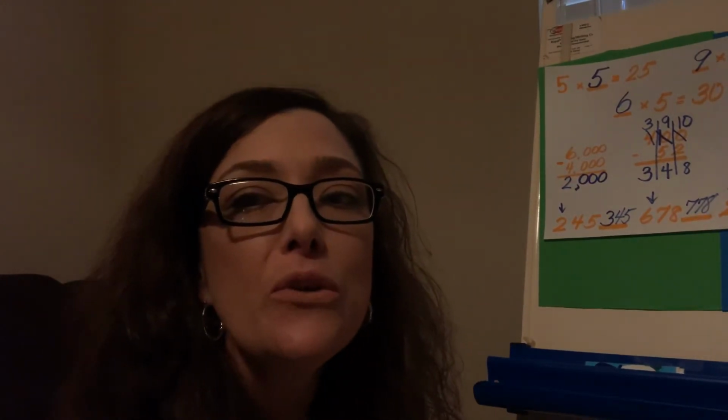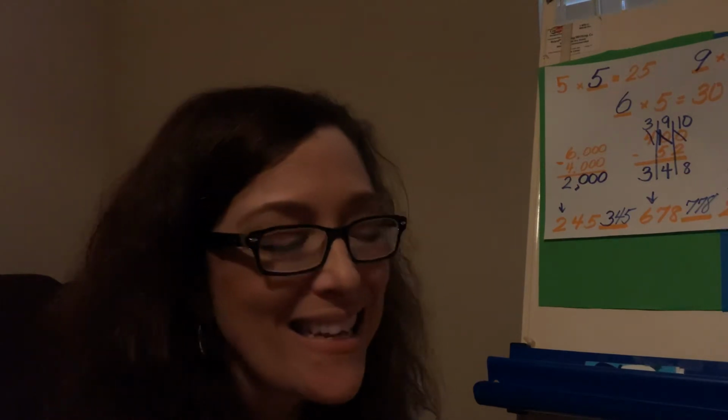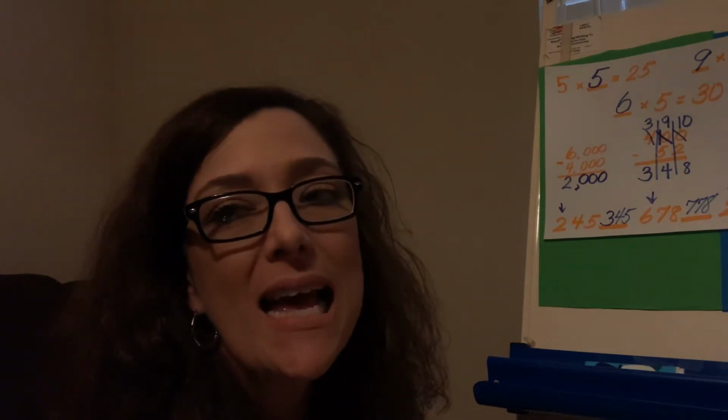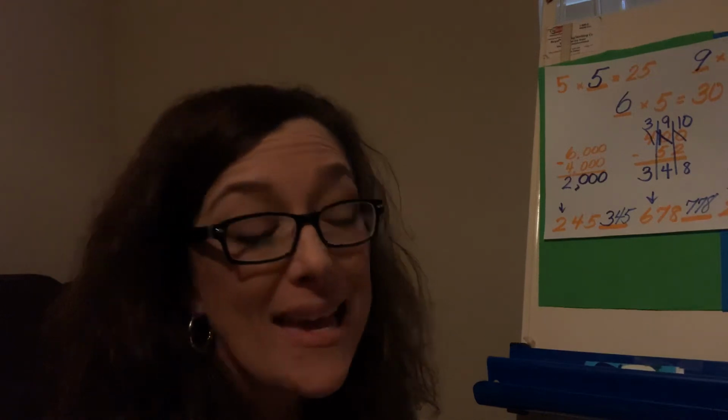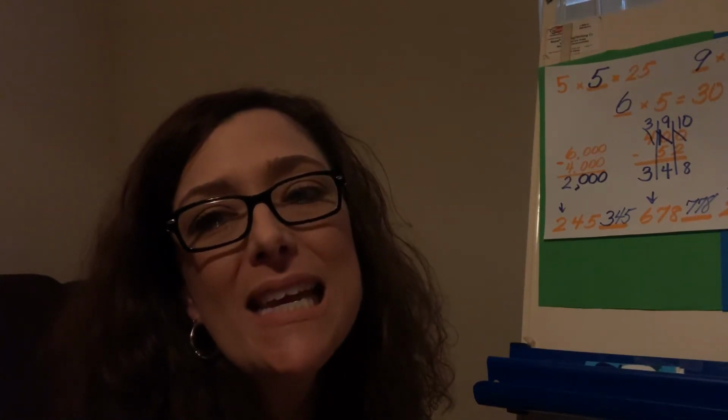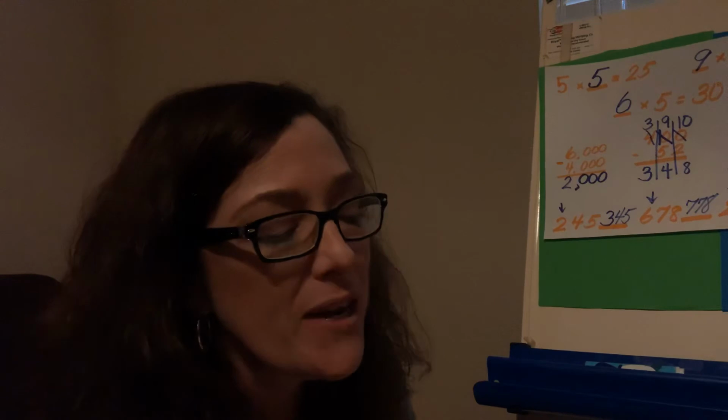5 times 2 equals 10. 17 minus 9 equals 8. 3 times 10 equals 30.